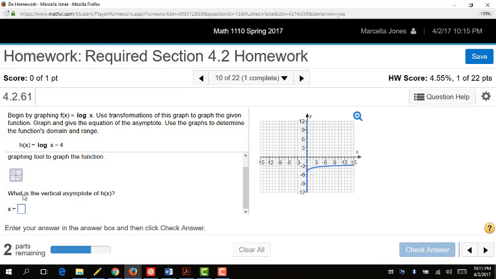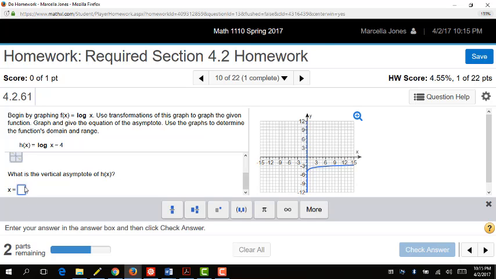Next question, what is the vertical asymptote? It is the y-axis whose equation is x equal to 0. So any point on this vertical line, which happens to be the y-axis, has to have an x coordinate of 0. Y can be any value, but x must be 0.